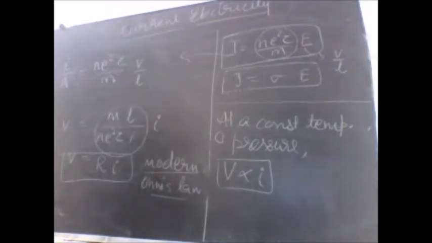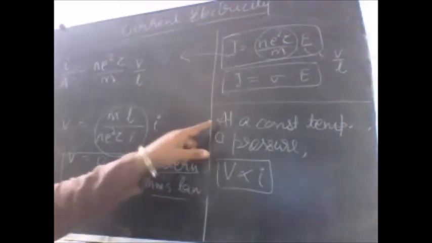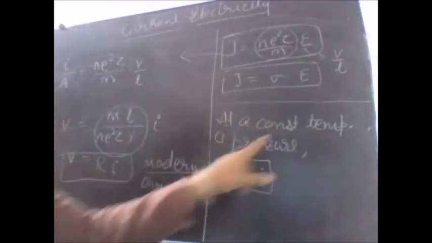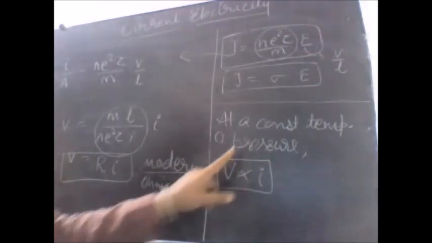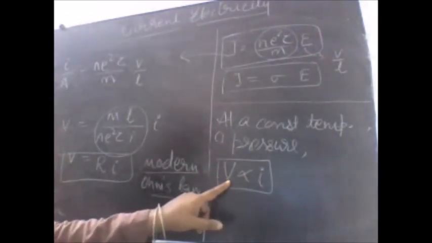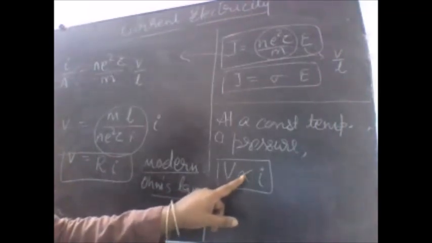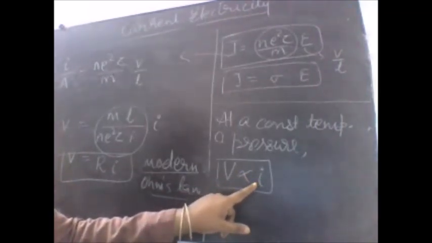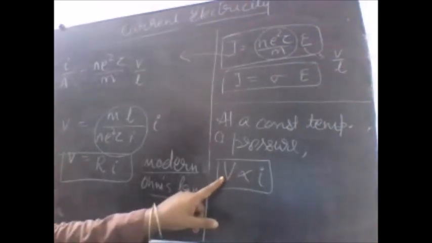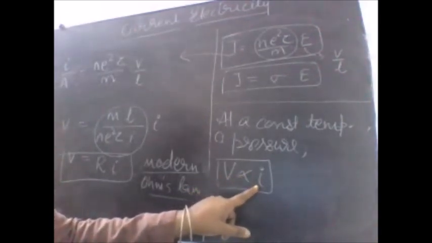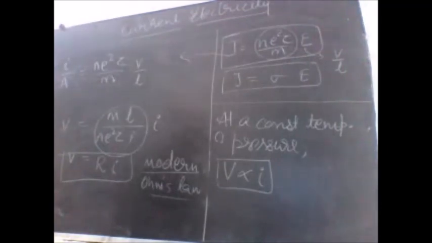We are defining Ohm's law as: at a constant temperature and pressure, potential difference across a conductor is directly proportional to the current flowing across it. V is proportional to the current which is flowing through the conductor.